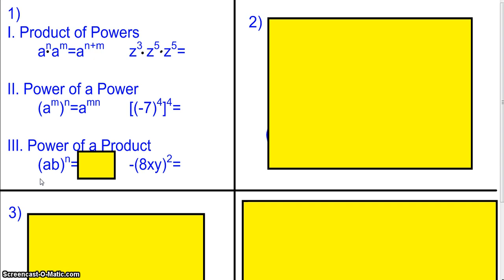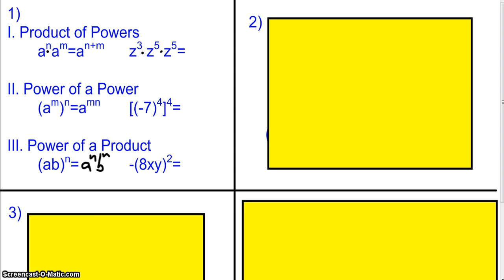And tell us what this looks like, Jack. If you have AB to the n, you have A to the n times B to the n. Good. So each of the factors has that exponent. It's negative 8 to the 2nd. Oh, wait. Yeah. What is 8 to the 2nd? 64, negative 64. So you could say negative 64. Okay, you just say 64.